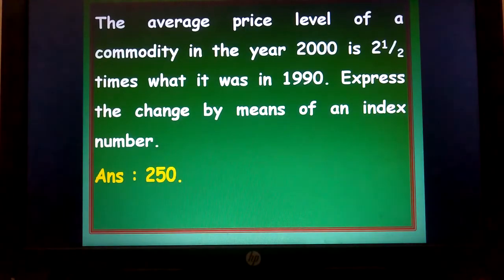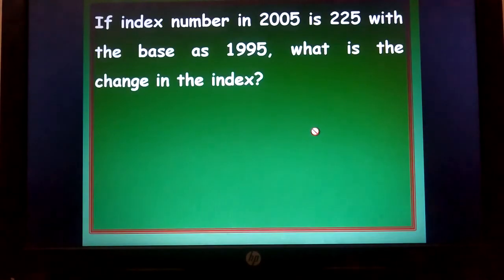Here it has been asked change in the index. In the previous question, it was asked whatever change has happened by means of an index number, we were writing whatever the change has happened. That's why here we did not deduct. Hope you are getting a clear-cut idea, students. Change expressed in terms of index number is different, and in this question change in the index is different.